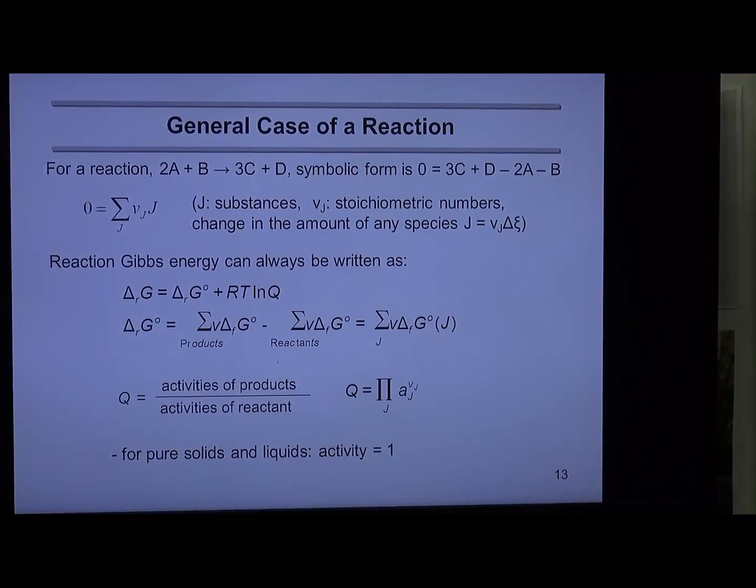For a liquid, you can use either mole fraction or concentration. Especially for pure solid and liquid, the activity is considered 1, so we don't really need to worry about the calculation of Q.